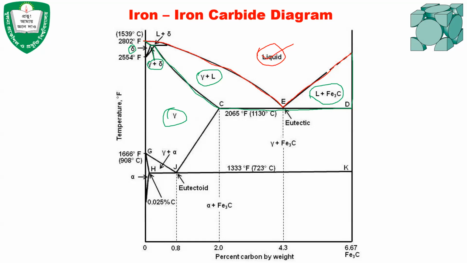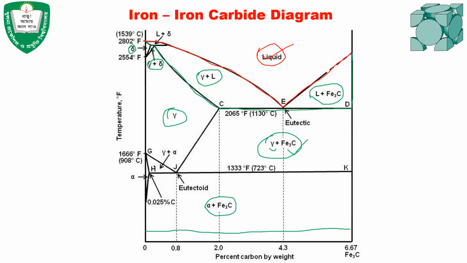This is also a two phase region, and another two phase region is here, below the eutectic temperature, gamma and iron carbide. That means it will be a mixture of gamma iron and iron carbide here. And below the eutectoid temperature line, there is also a two phase region which contains alpha iron and iron carbide. But at room temperature, it will eventually become the pure iron with iron carbide.